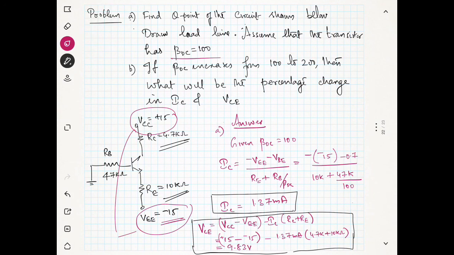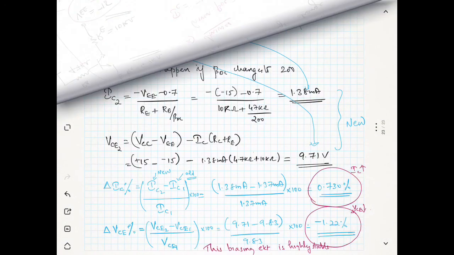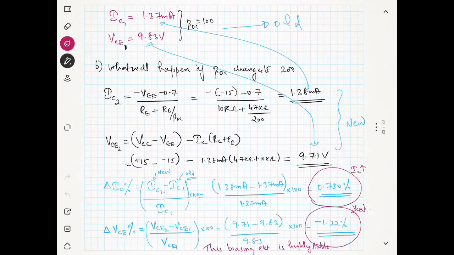That means it needs a dual power supply, which can give you positive as well as negative. So we conclude with this. This is all about the emitter bias.